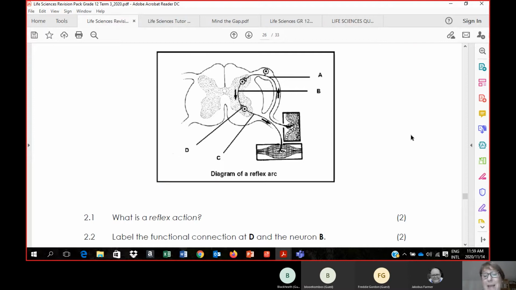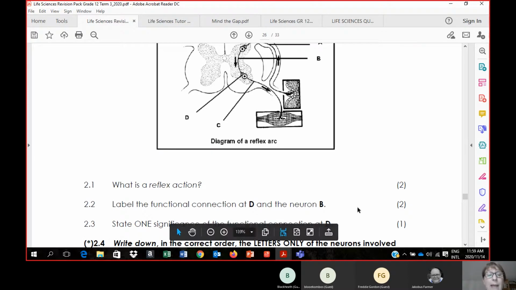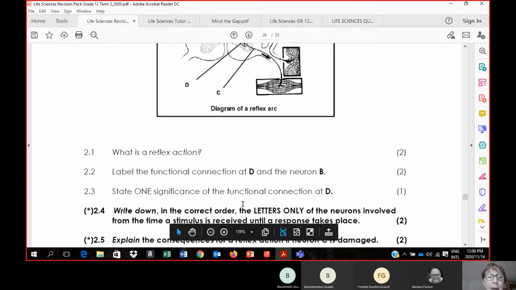Now, all of you must get that correct. State one significance. Actually, let's leave out question 3. Then this next one, question 4, you can do, because even though it's in bold, you should all be able to do that.